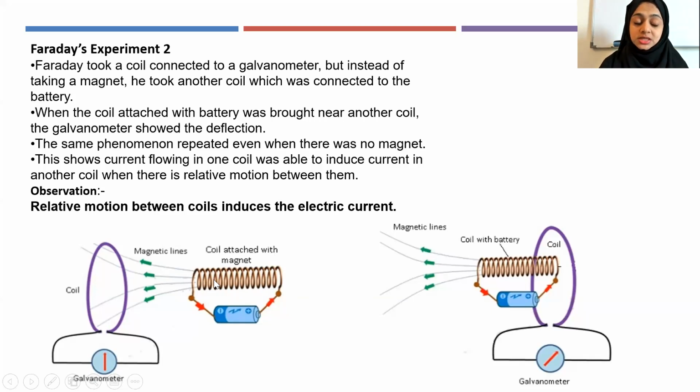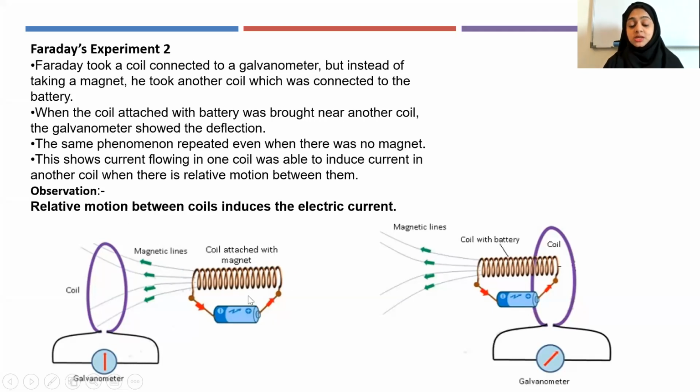So it is just the same as what we observed in the previous experiment. The difference is only that instead of a bar magnet, we took a coil of wire attached to a battery. So this will act as a bar magnet.